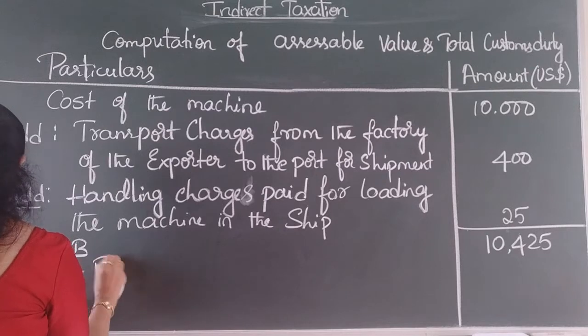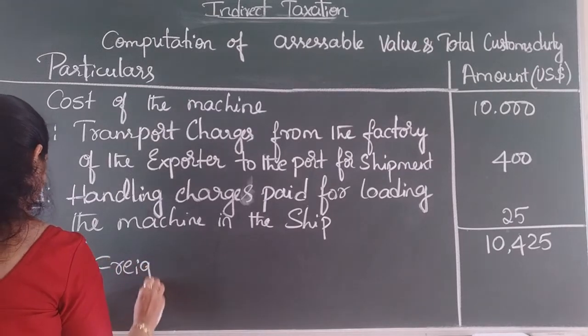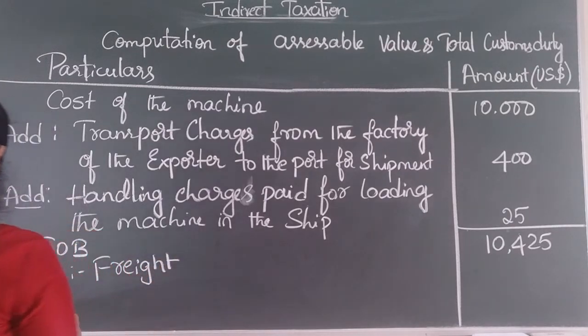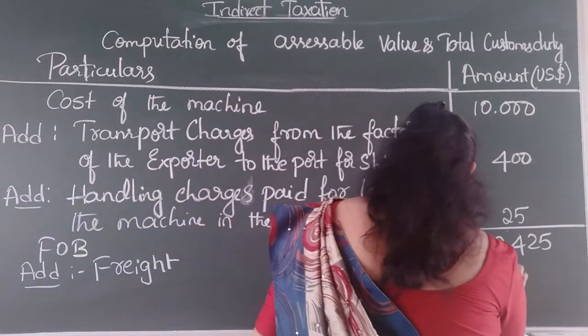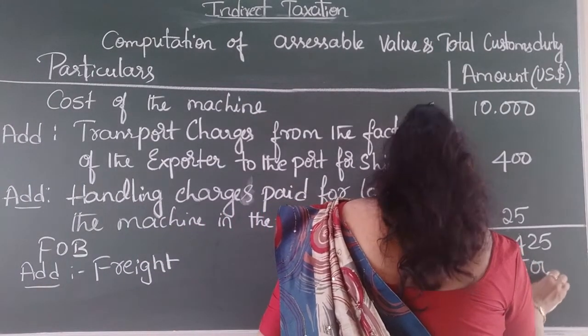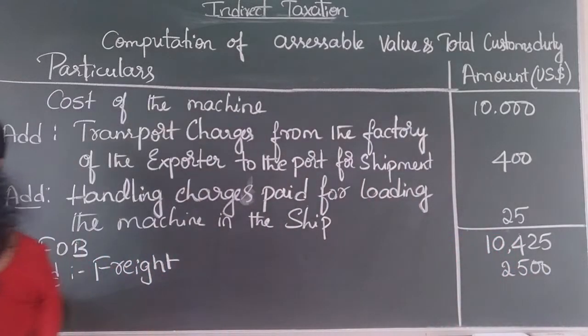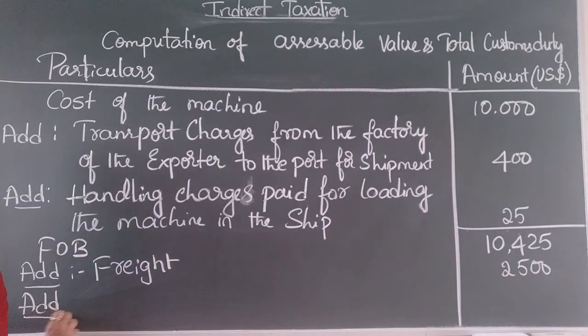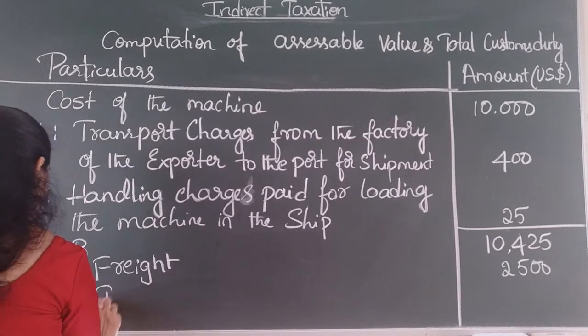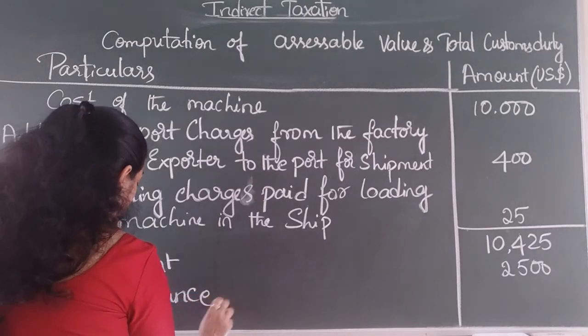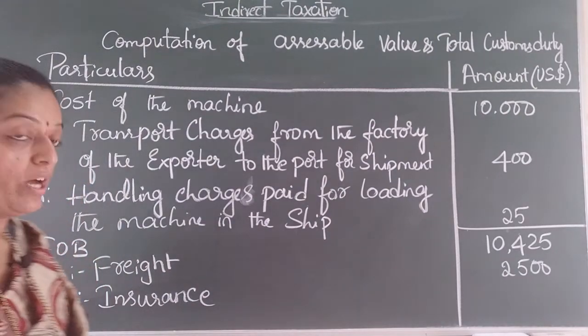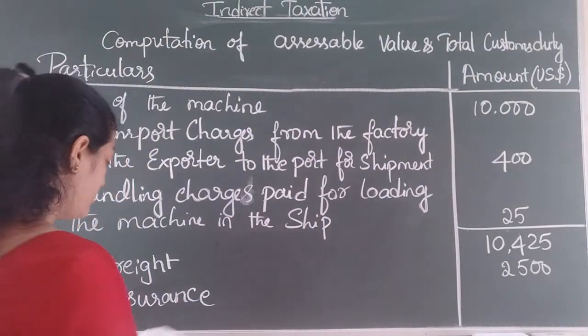So add freight. They have given freight charges from exporting country to India is $2,500. Then add insurance. If the insurance rate is not given, then you need to take 1.125%.